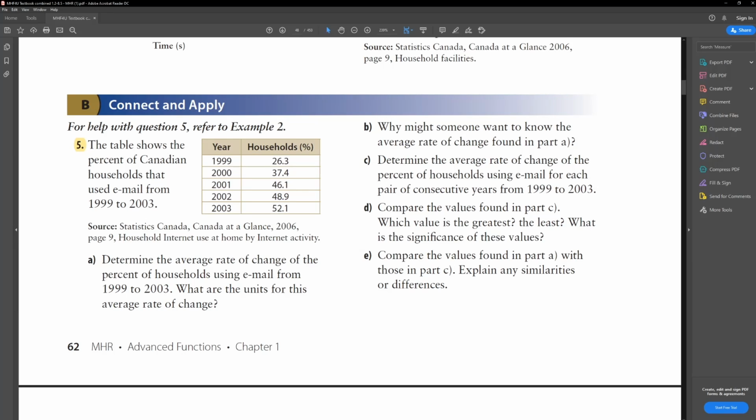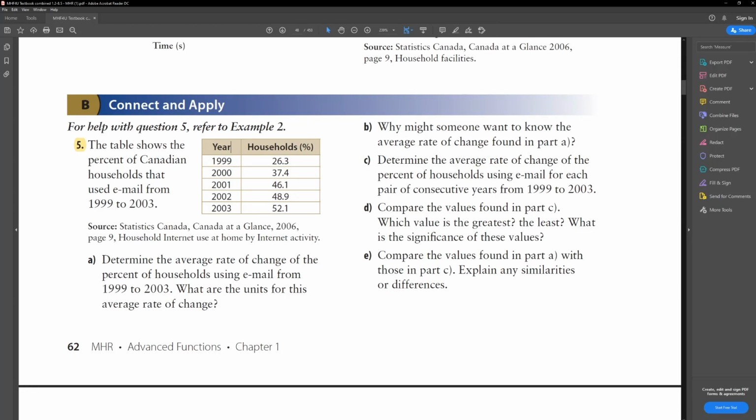So we would take 52.1 minus 26.3, all divided by 2003 minus 1999, and we would get our average rate of change. The units would be, of course, percentage per year, because that's the units we have been using.